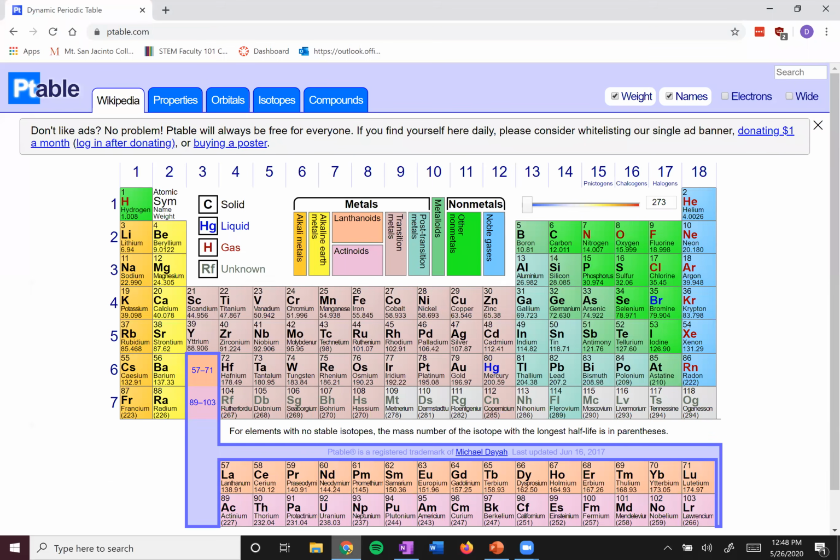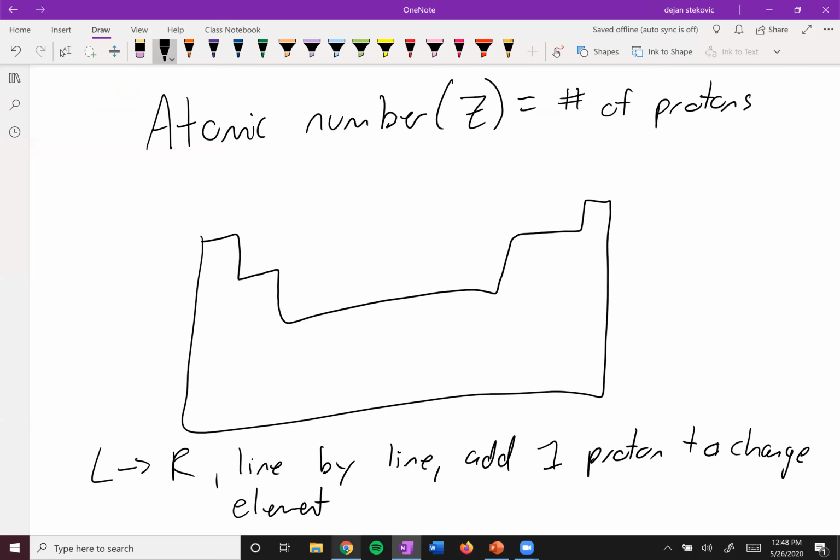If we look at our first element, it's hydrogen, and you see that 1 in the top left corner, that's the atomic number. And so that means it has one proton. So here we have H, this is hydrogen, and it has one proton. And so every single hydrogen in the universe only has one proton. If it has more than one proton, it is no longer a hydrogen.